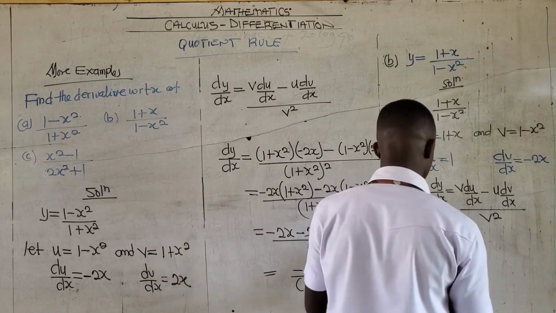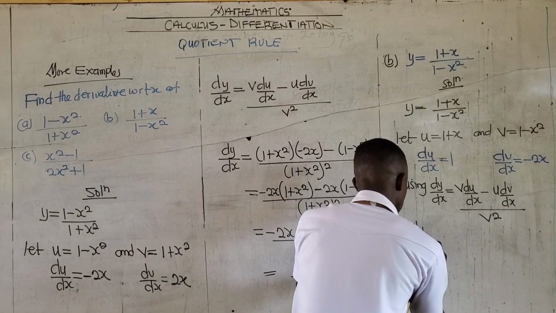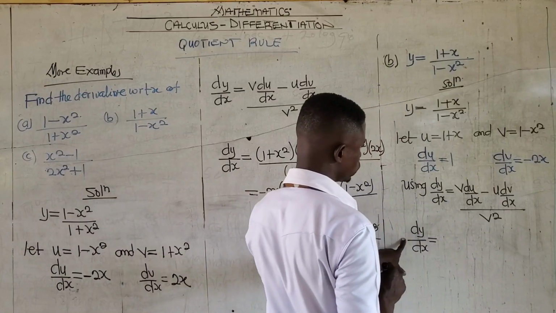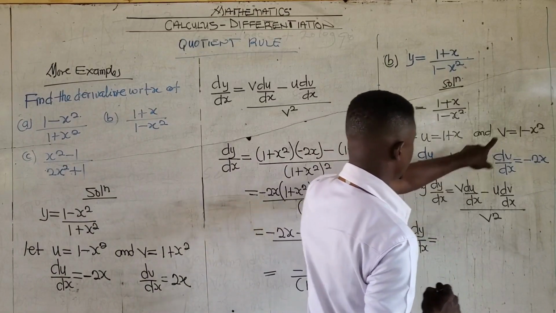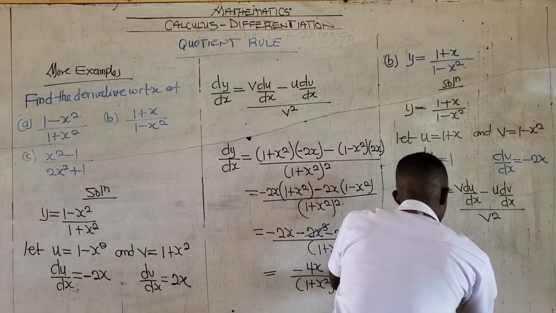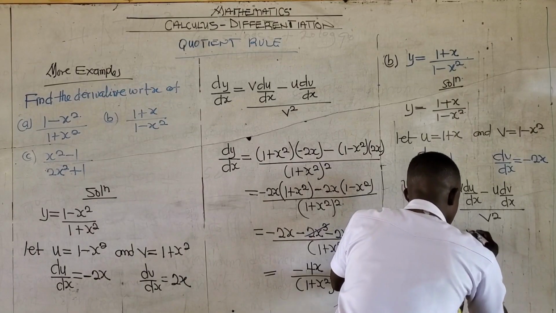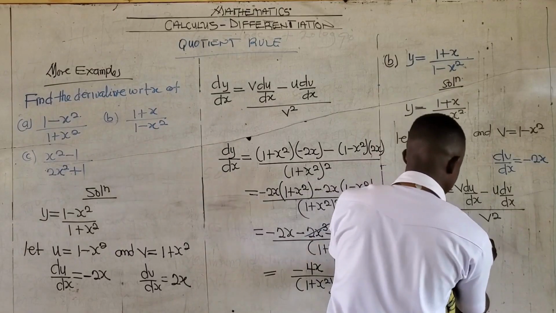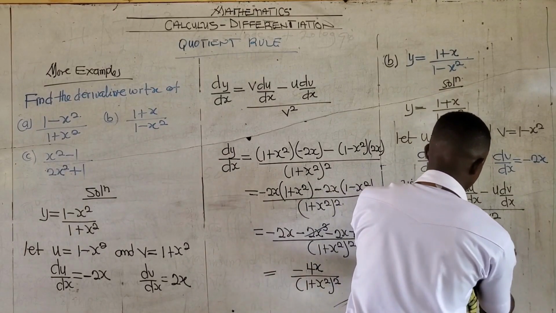Now let me do the substitution. So we are going to have dy over dx equal to v. What is v? 1 minus x squared. So 1 minus x squared multiplying du over dx, in this case 1, minus u.